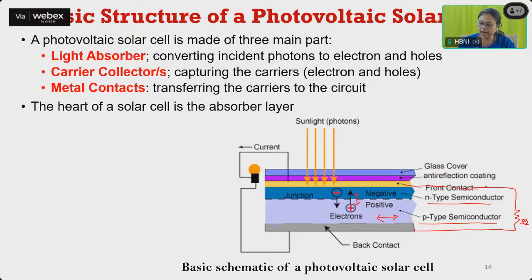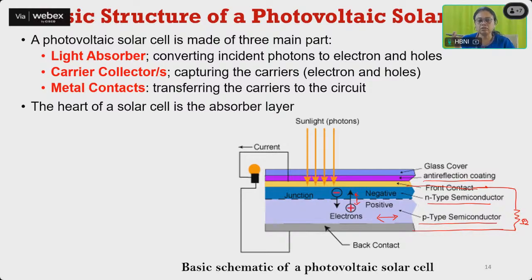Then we have an anti-reflection coating. Why is this anti-reflection coating there? To have maximum efficiency, so that more and more of the solar photons incident on the cell are absorbed. When a photon is incident on any given material, it can be either transmitted or absorbed, and there will be reflection also.